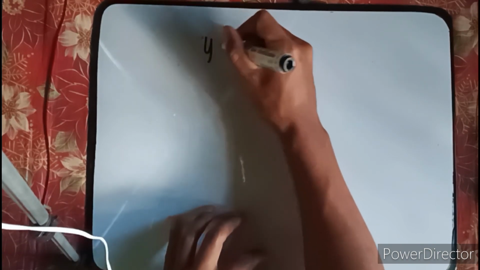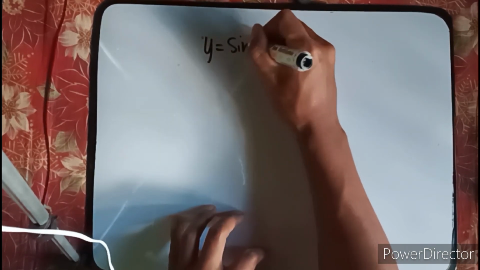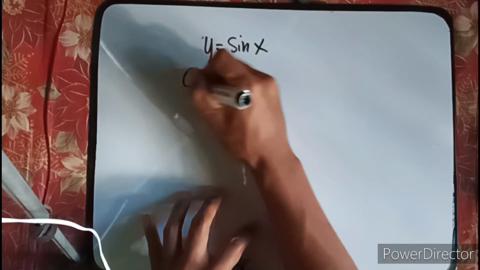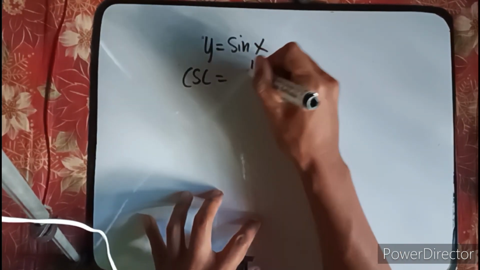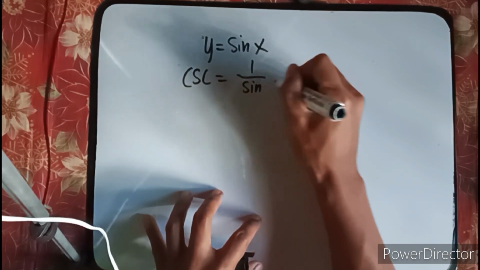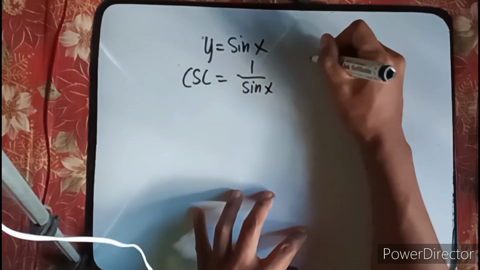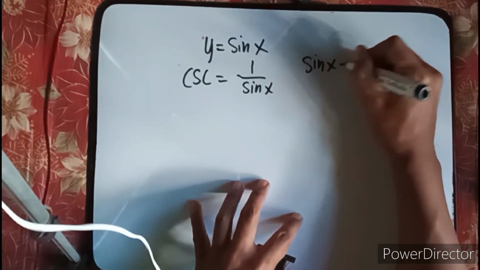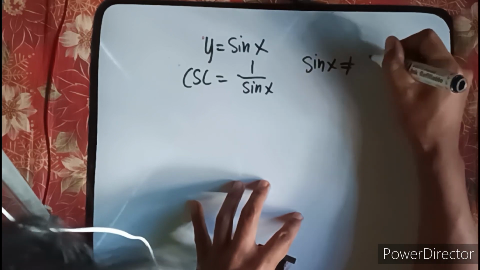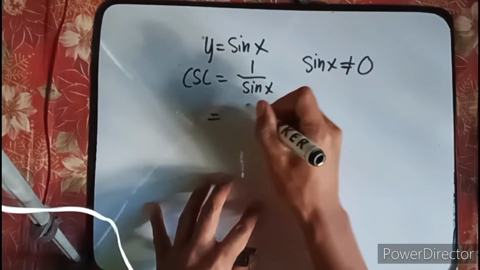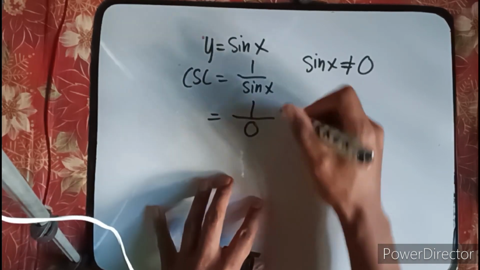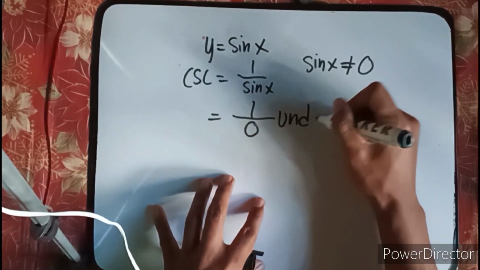We know that cosecant is the reciprocal of sine x, which is 1 over sine x, and sine x is not equal to 0, because if sine x is equal to 0, this function would be undefined.